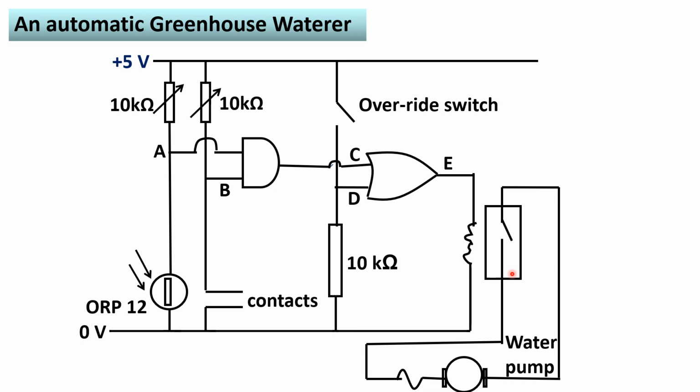But if output E is at logic 0, then there will be no current to switch on the water pump. So that's basically what this circuit diagram of an automatic greenhouse waterer is all about. We'll see the specific questions in a little while.